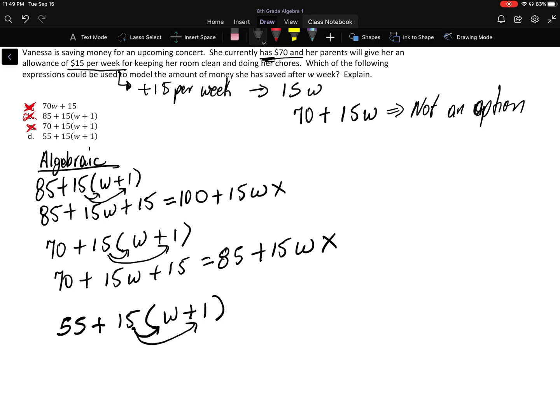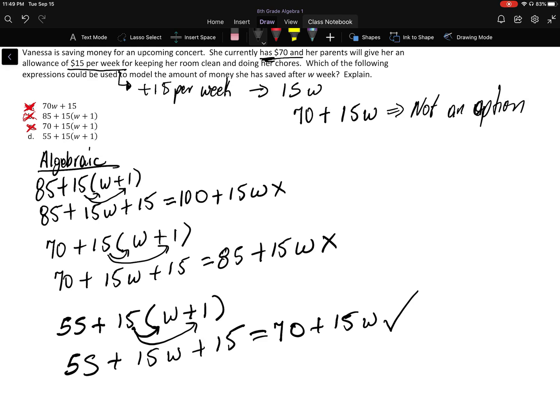Distributing the 15 inside the parentheses, this is 55 plus 15W plus 15. 55 plus 15 is 70, and that's going to be your 70 plus 15W. And it checks, because we're looking for that 70 plus 15W. So that one definitely checks.